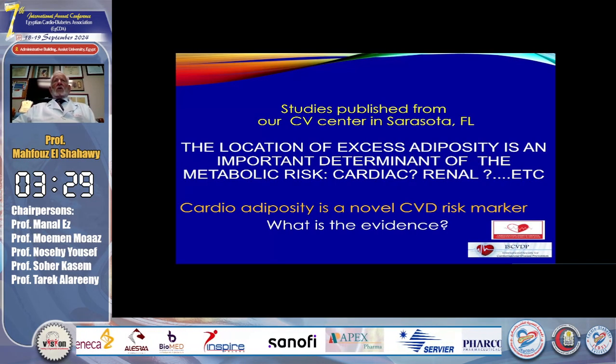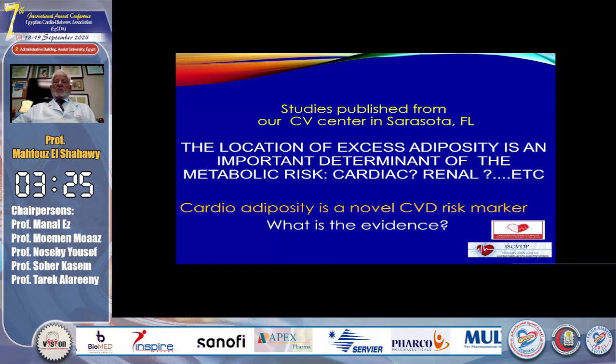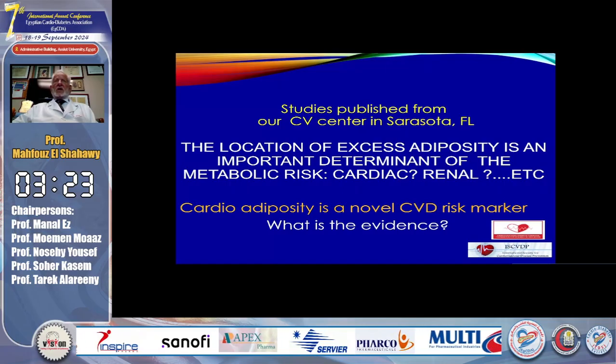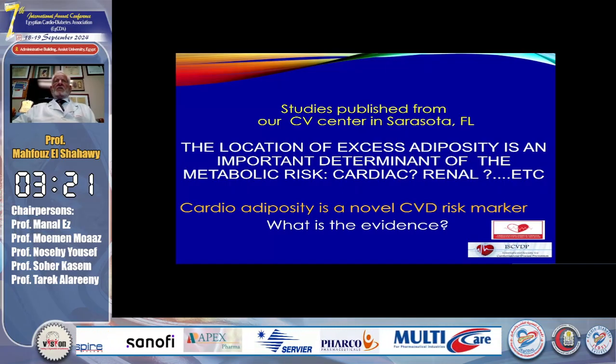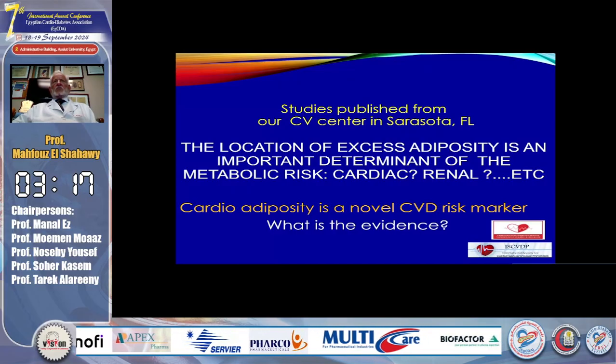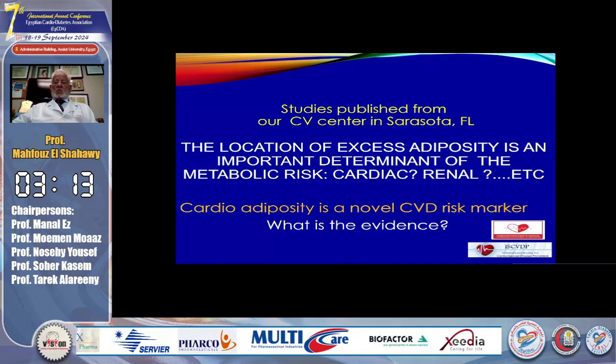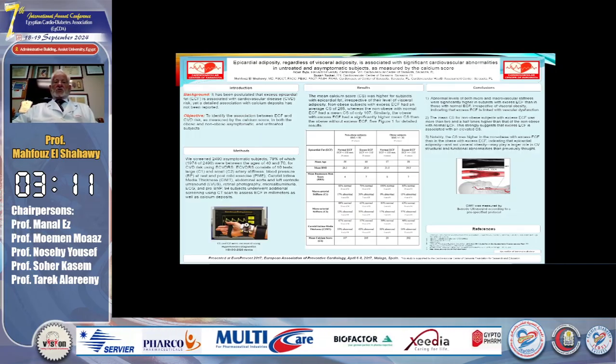We have done quite a number of studies in this area. Time again will not permit me to discuss, but in a nutshell, we find that increased epicardial fat, as we measure by the CT scan, is associated with significant cardiovascular structure abnormalities, which could also be seen in the literature.